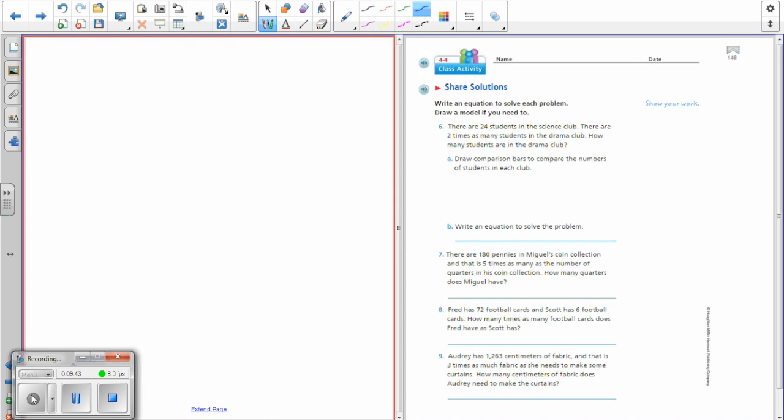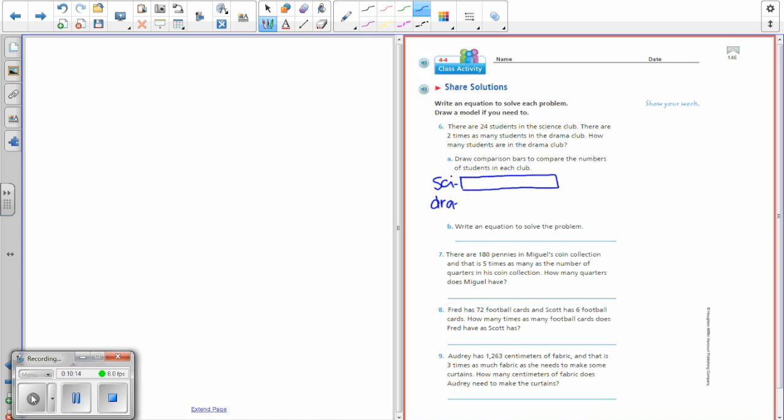There are 24 students in the science club, and there's 2 times as many students in the drama club. So if I have the science club and the drama club, how many students are in the drama club is what it wants to know. So 24 students are in the science club. There's 2 times that many students in the drama club. So I can draw my comparison bar chart. This first bar is going to be equal to 24 students.